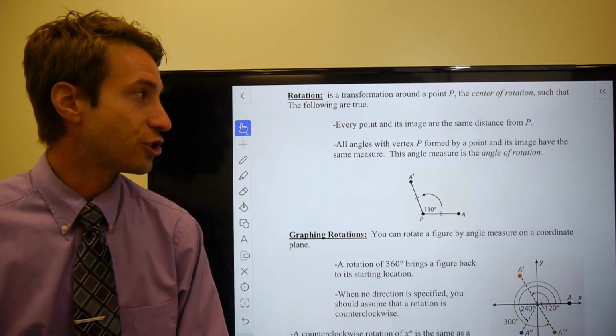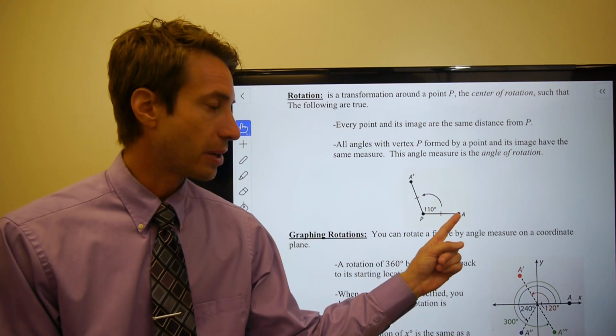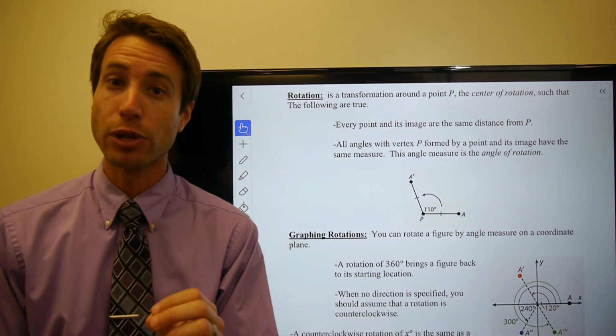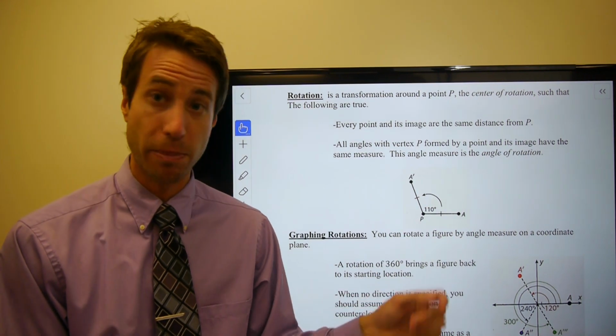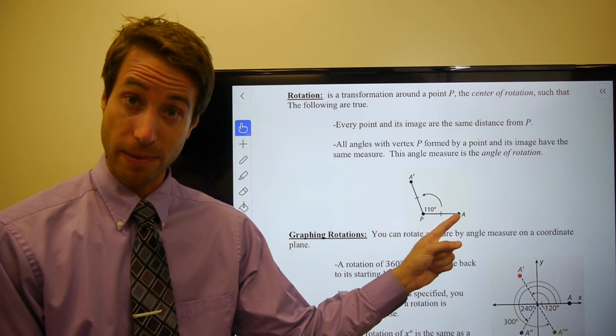First of all, a rotation is simply this. You're going to take some pre-image A. We are going to rotate that image around a point. We'll almost always call it point P, but we could call it whatever we want to. So here's my pre-image.